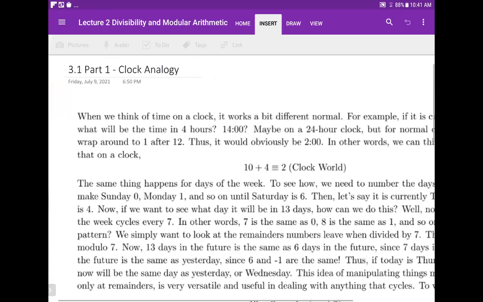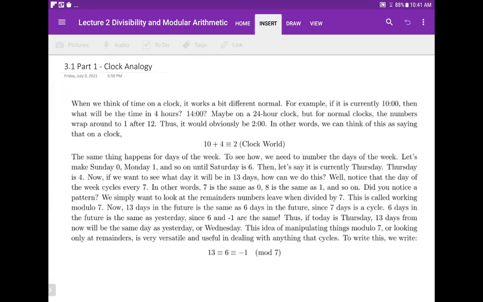Okay, and now we'll introduce a new concept to you guys. This is called modular arithmetic. Let's first consider an example using a clock. We know that clocks, if you use AM and PM, form cycles of 12.